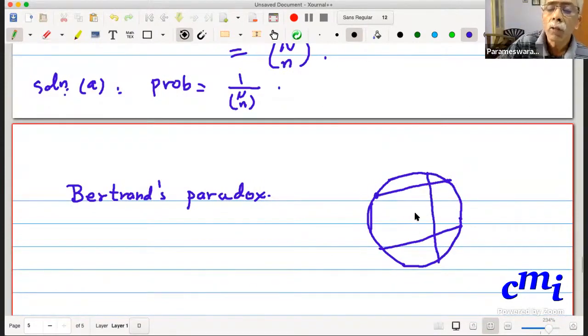Now I ask, what is the probability that a randomly chosen chord will have length more than, or at least, the length of the side of an equilateral triangle inscribed in this circle. Okay. Now you need to have a way of making a mathematical model out of this.